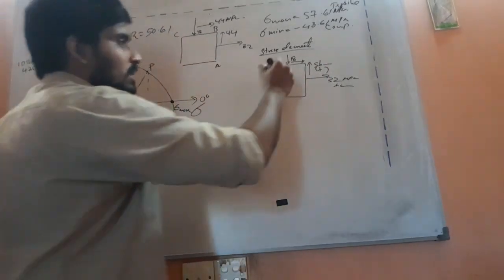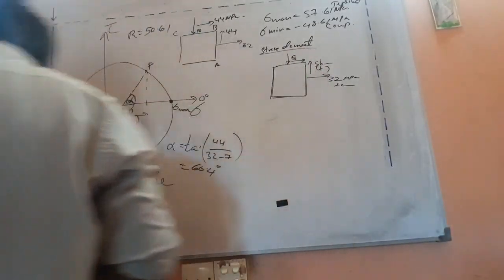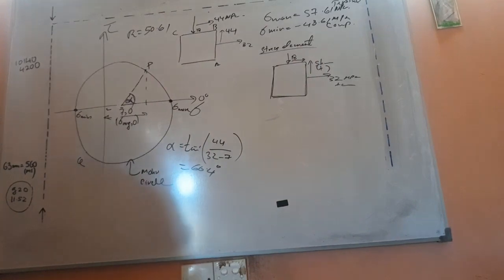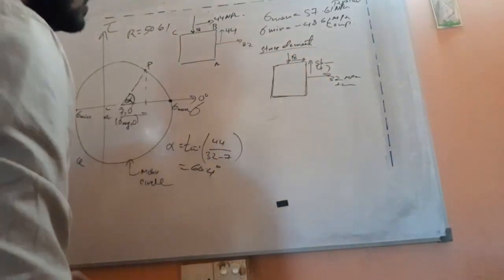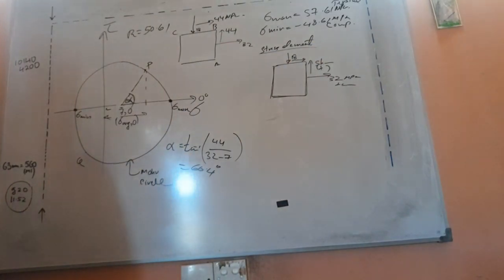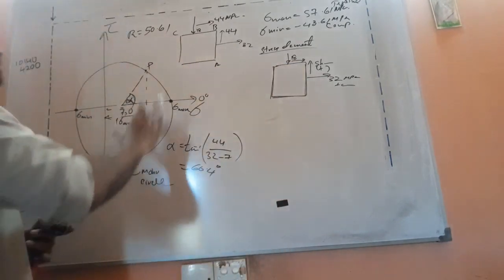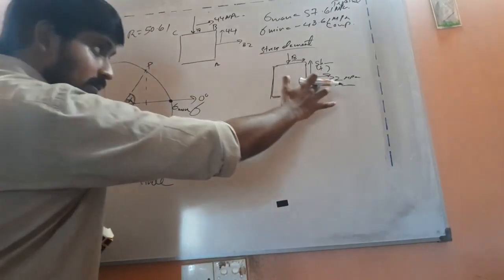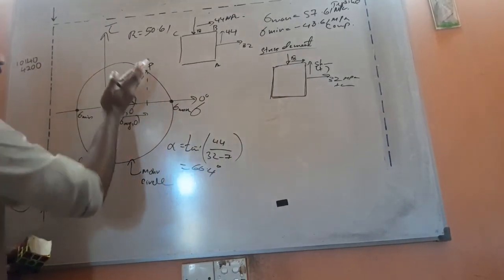That means now you can see this cube is in the reference position, something like this, right? According to this reference position, this is the representation of that condition in the Mohr circle. But here it is slanted.